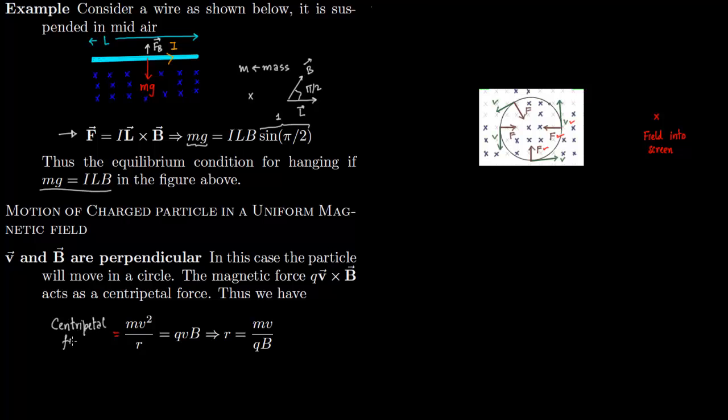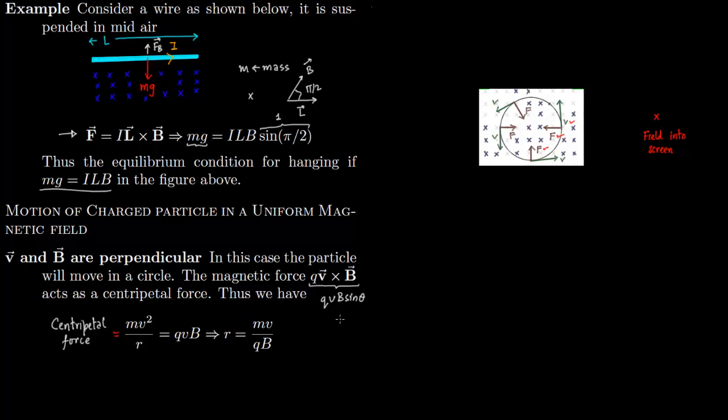This centripetal force is equal to the magnetic force q times v vector cross product with B vector. The magnitude here is qvB sine theta.